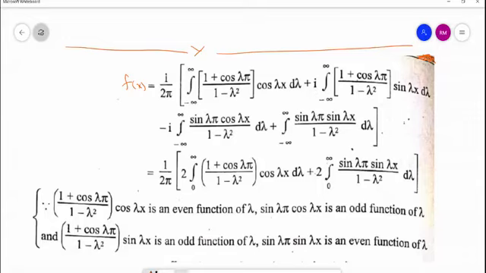See, note that if you replace lambda by minus lambda, here lambda square, so minus lambda square is equal to plus lambda square, always positive. Here cos of minus theta is written as cos of theta. By using the property we get the same thing, means f of x equal to f of minus x. So this is an even function.